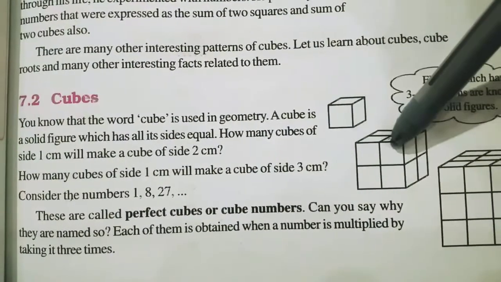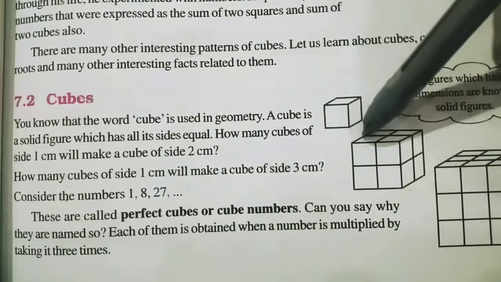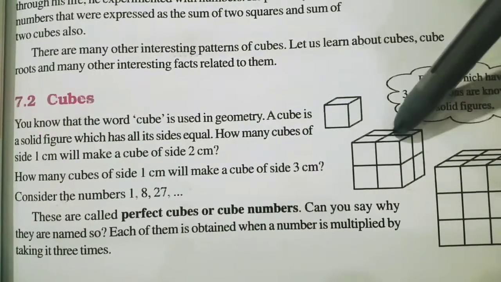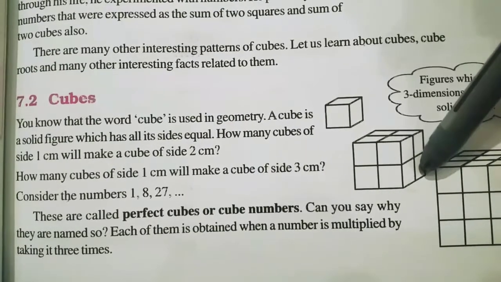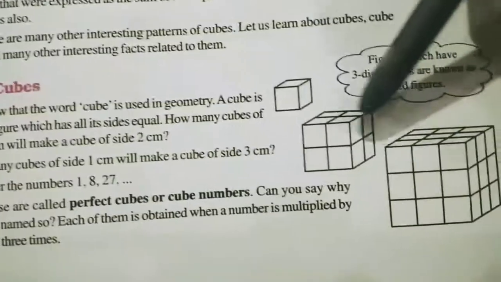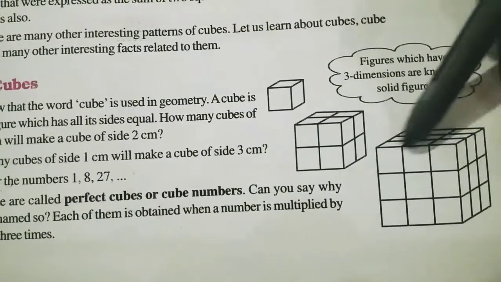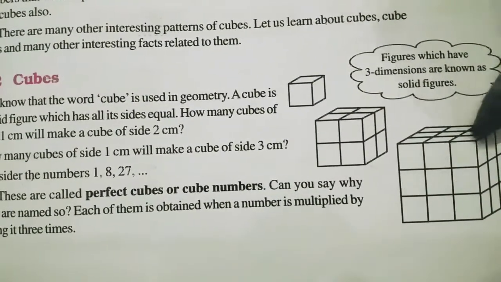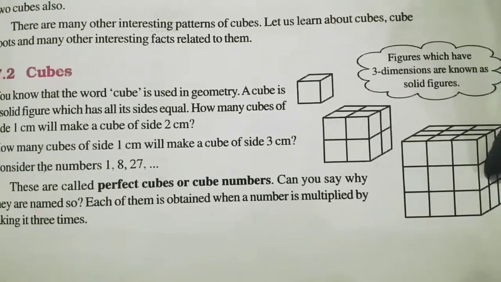From the top you can count 1, 2, 3, 4. 4 cubes here and 4 cubes down. Total 8 cubes are there. In this way, for the cube with side 3, 27 cubes will be required to make this big cube.